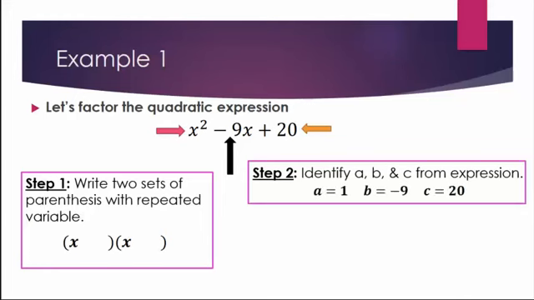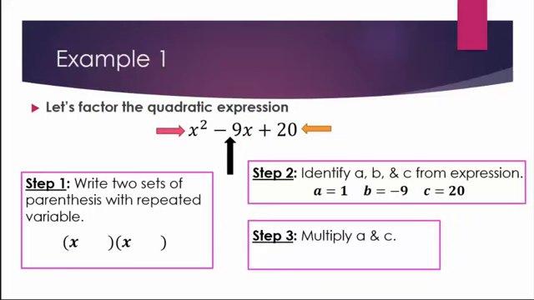All right, moving on. Step 3, multiply a and c. So a times c, which is 1 times 20, is going to give me +20. Now, if you notice, I put a positive sign in front of this because you're going to see how we're going to need it later. So just make sure we write the sign.